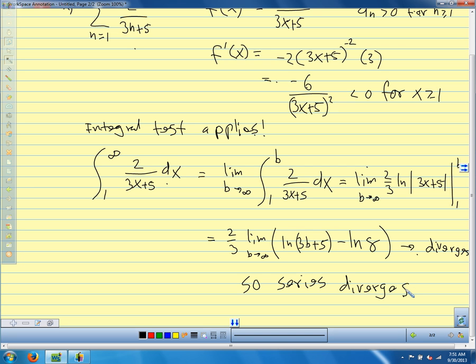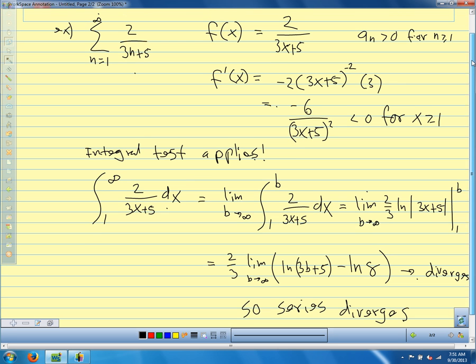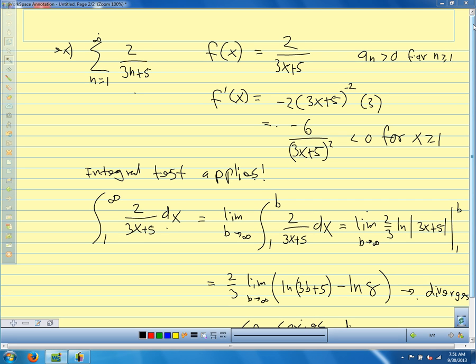All right, I want to look at one more example and talk about one other thing that we have to be careful with. Any other questions on this example? So we need, couple of things with the integral test. We need to ensure that our terms are positive, that our function is decreasing for our interval, and that we're talking about a continuous function.